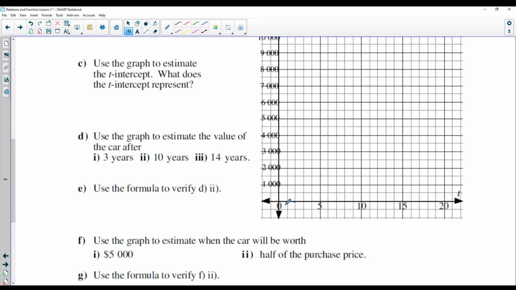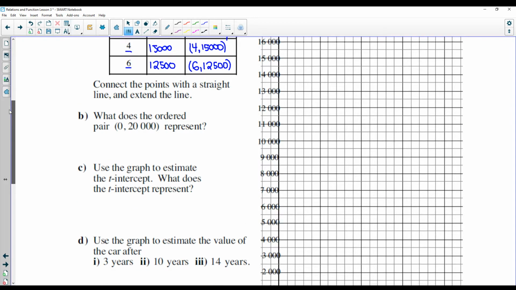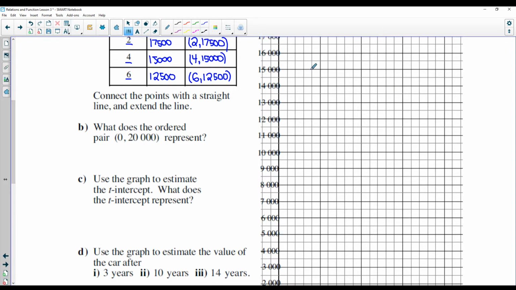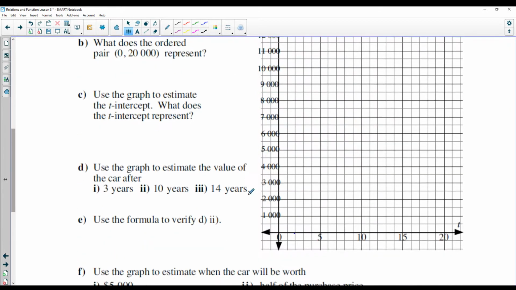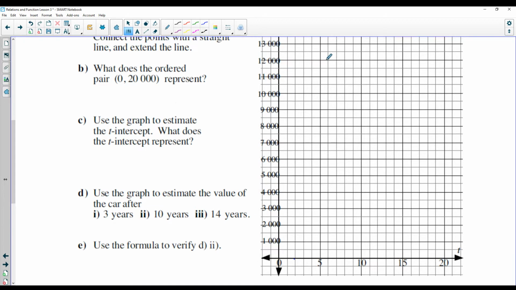So I'd go right by 4 and then up to 15,000. So then this point's going to be located right here. And then the last point is 6, 12,500. So we'd go 6 to the right and then 12,500 up, which would be at this point.